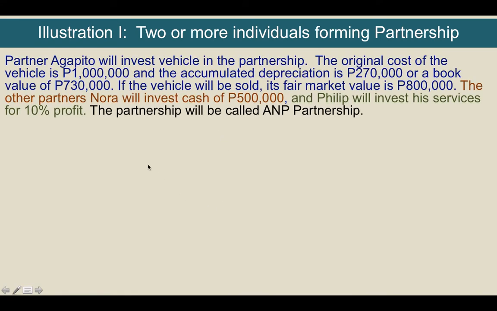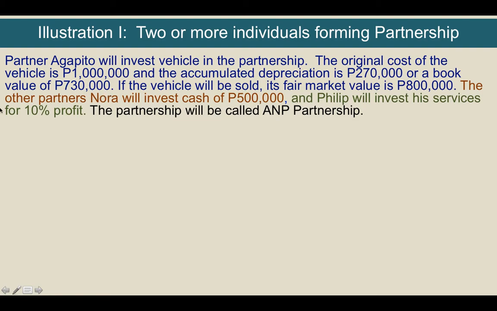Okay, class, let us have an illustration. Here, two or more individuals are forming a partnership, and this is our situation. Partner Agapito will invest a vehicle in the partnership. The original cost of the vehicle is 1 million and accumulated depreciation is 270,000, or a book value of 730,000.